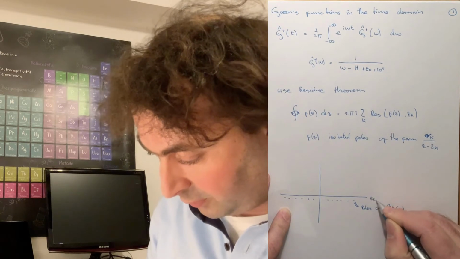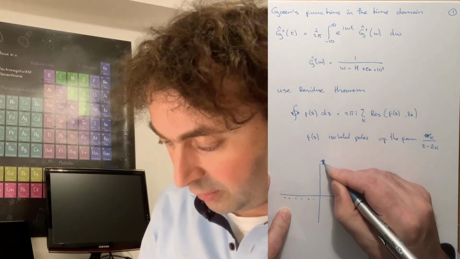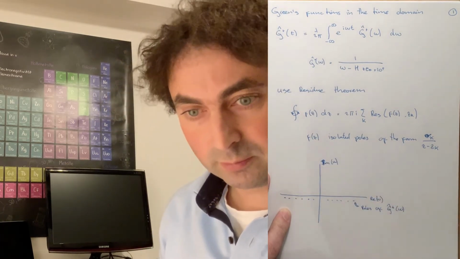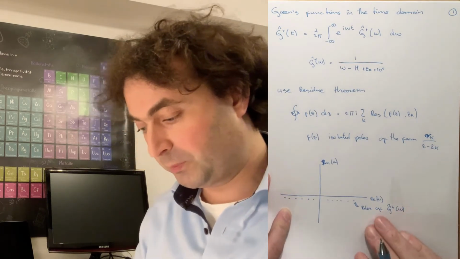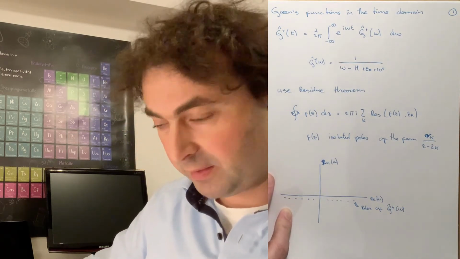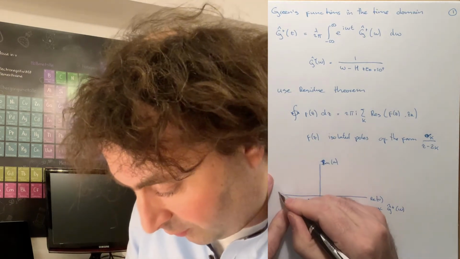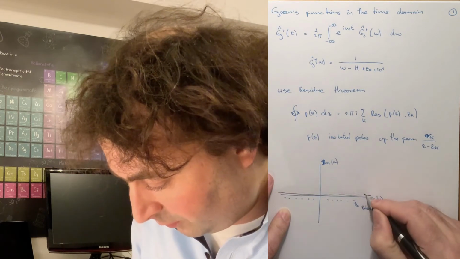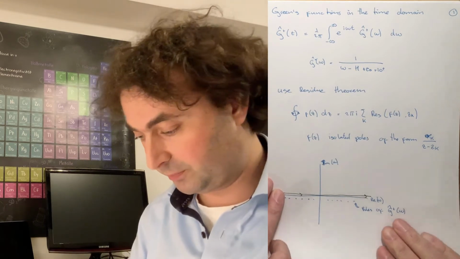And we have on the horizontal the real part of our frequency, and on the vertical the imaginary part of the frequency. And we are interested in the integral over the real axis. So that is the integral that we want to calculate.